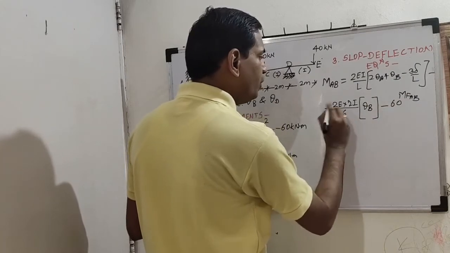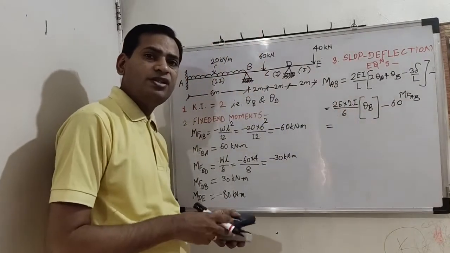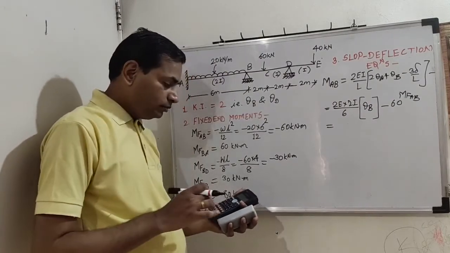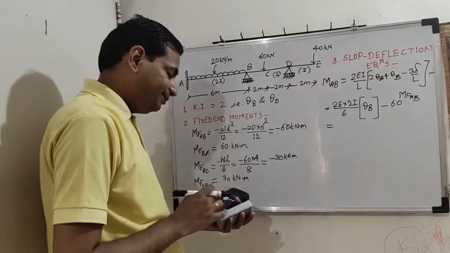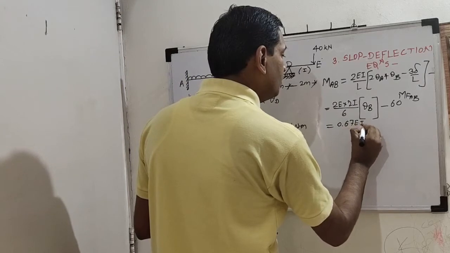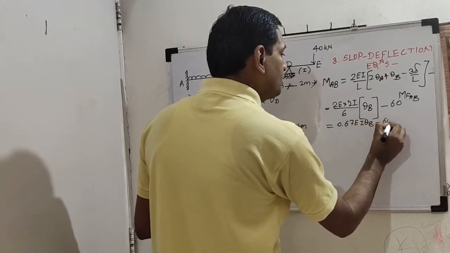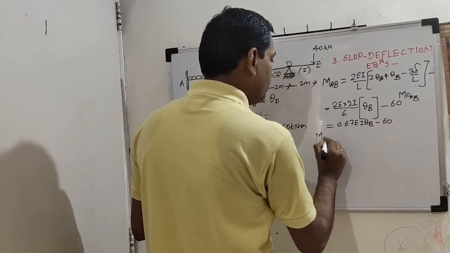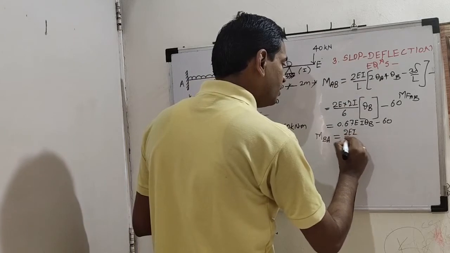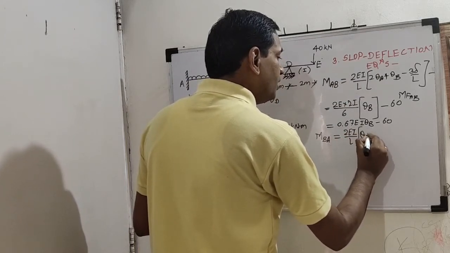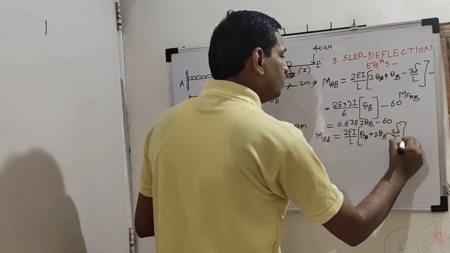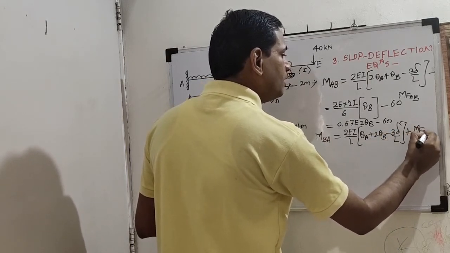So how much is this? 2 into 2, 4, 4 by 6. 4 by 6 is 2 by 3, correct? So 0.67 EI theta B minus 60. MAB is over. Then come to MBA. Similar equation, 2EI by L into bracket theta A plus 2 theta B minus 3 delta by L plus MFBA.